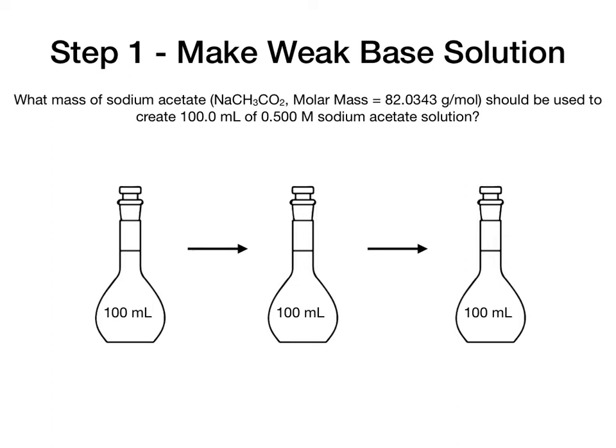Well, we would go and we would get a 100 milliliter volumetric flask. So this is a volumetric flask. And then we would go to the balance and we would weigh out our sodium acetate.